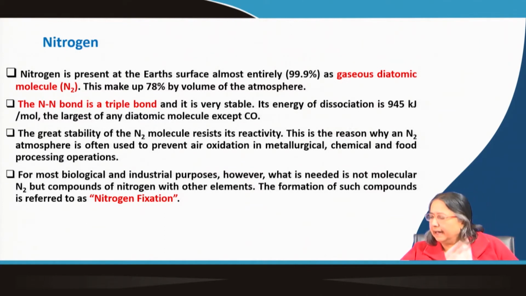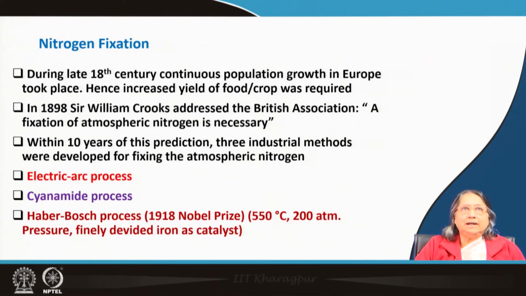Long time back, usually for plant growth we need nitrate or ammonia. We have seen that ammonia fertilizers are there. So, for plants to grow, we need some combined form of nitrogen, that means some nitrogen compounds.